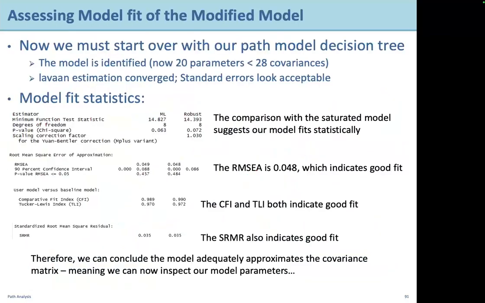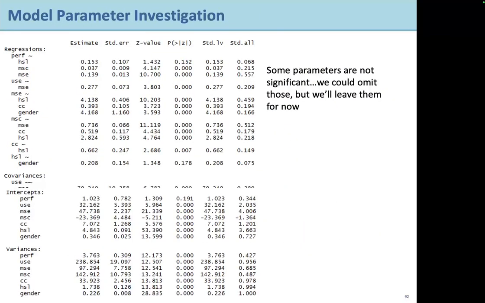Let's trace some paths here, okay? Math self-efficacy is here. High school has a direct effect of, I'll just use the regular unstandardized coefficient. So for every one additional course in high school, math self-efficacy goes up 4.13 points on its scale, right?